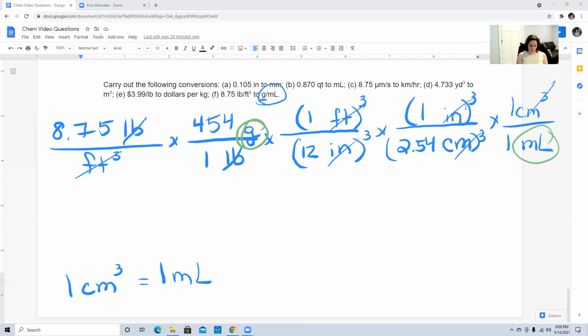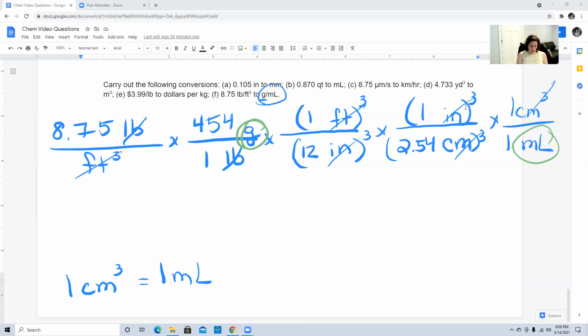And then the denominator. The feet cubed is assumed 1 times 1 pound, so that's just a 1. 12 cubed for the 12 inches. So we need 12 cubed.